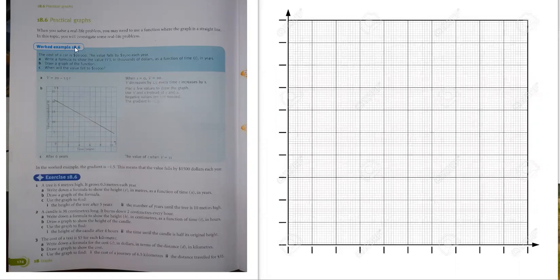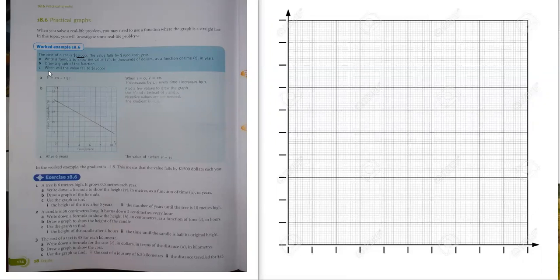Let's see the example from this textbook. You can see from here, it says the cost of the car is originally 20,000, right? Then the value of the car falls by 1,500 each year. That means 1 year decrease 1,500. You just have to keep minus 1,500.